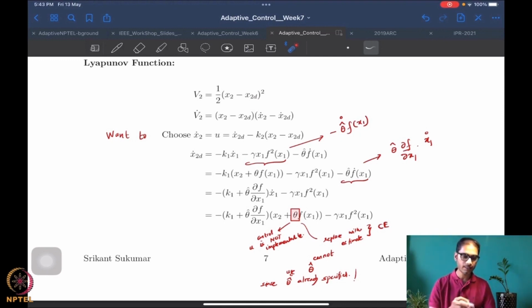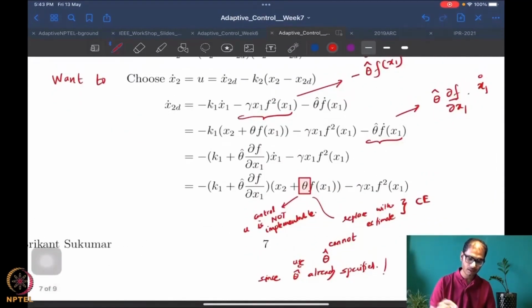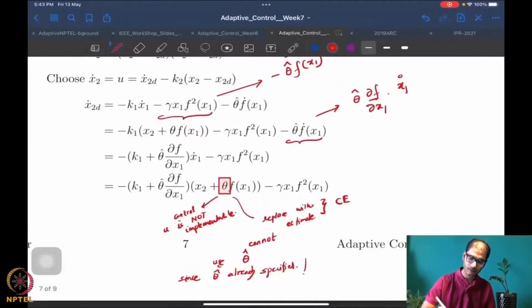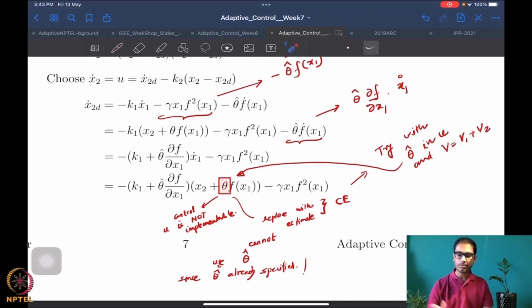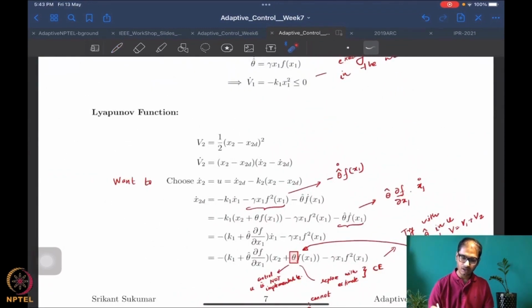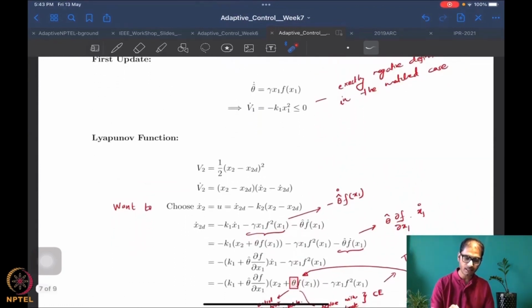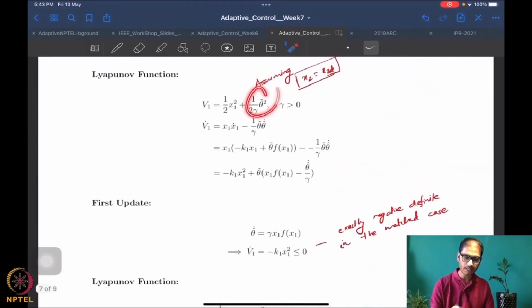How would you carry out a Lyapunov analysis? So what I want to say is, try with theta hat in u here, and v equals v1 plus v2. Because of course you remember that v1 already contains the theta tilde term, right?